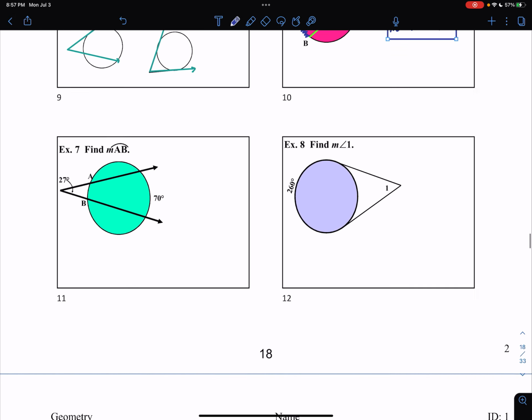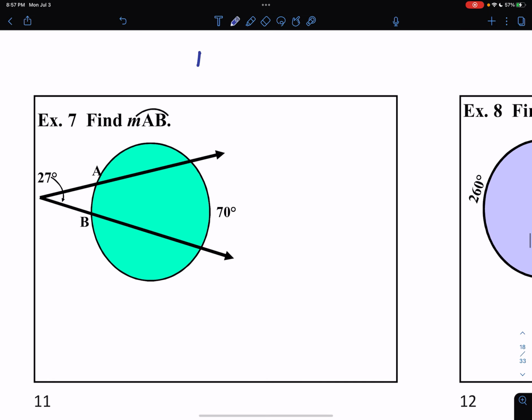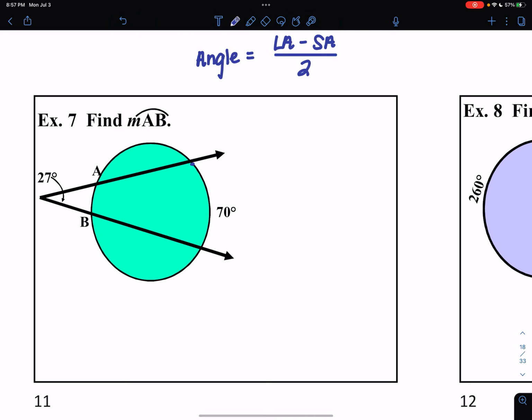All right, let's take a look at number 7. I'm going to jot down the formula for you really quickly so we can refer to it. Angle equals large arc minus small arc divided by 2. Let's identify what they've given us in the diagram. 70 represents the large arc.